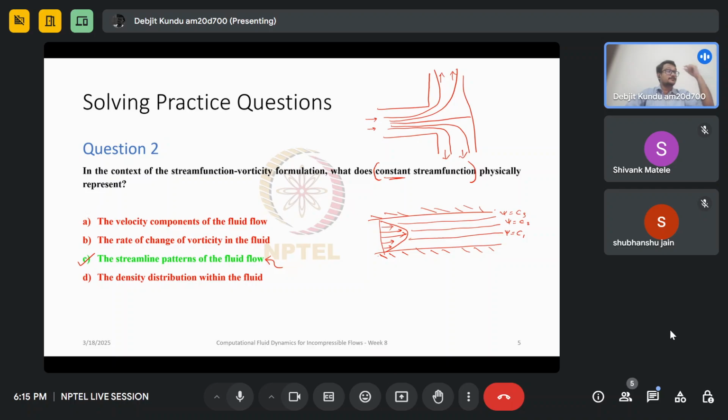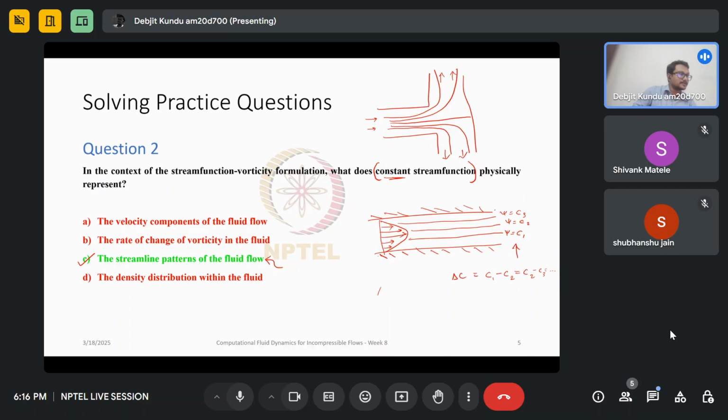Another important thing is, if we are drawing stream functions, let's take this example for consideration. If C1, C2, C3 are equidistantly spaced, meaning C1 minus C2 equals C2 minus C3, and so on, so you hold the differences between those constants fixed, let's say delta C is your fixed difference between two streamlines.